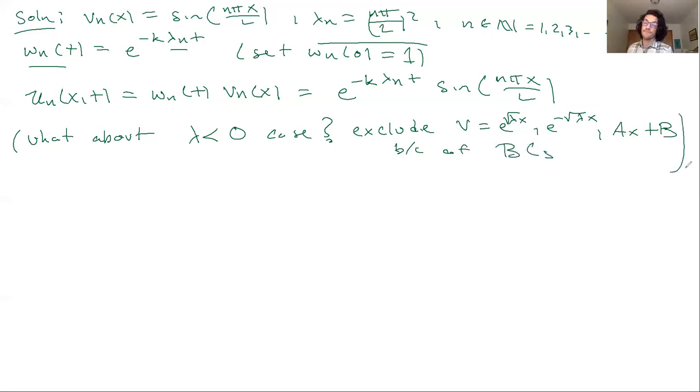You can see that for yourself: there's no way to have v of 0 equals 0 and v of L equals 0 with either these exponential functions combined together or this linear function here.